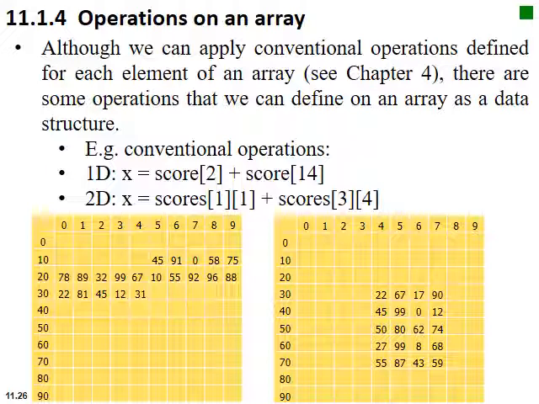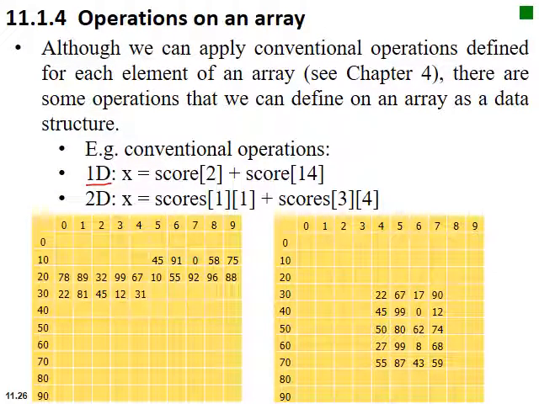So, operations on arrays. Although we can apply the conventional operations defined for each element, like addition and subtraction, like we've done in chapter 4, there are some operations that we can define on an array as a data structure. We can do conventional operations like in a one-dimensional array.